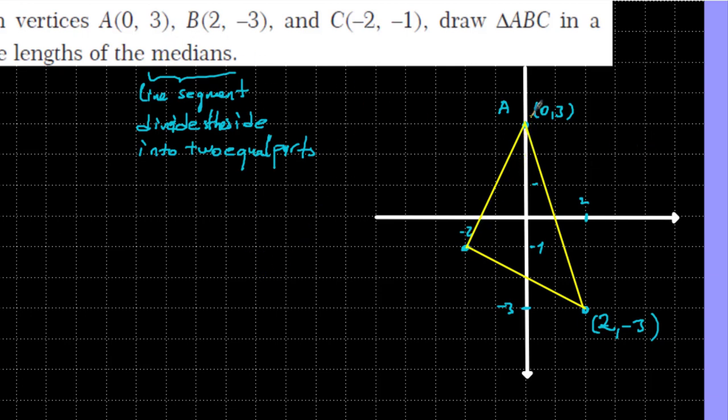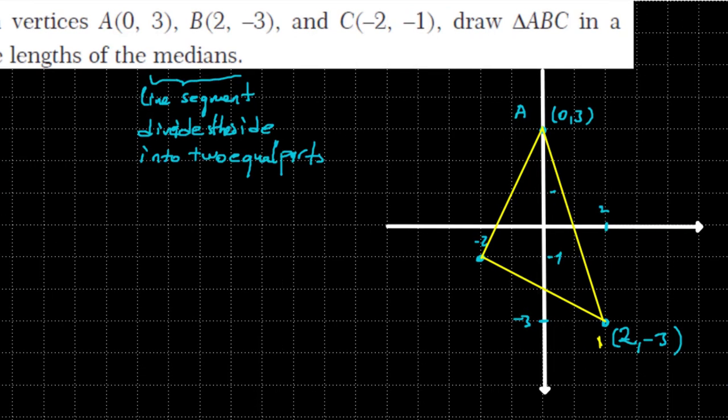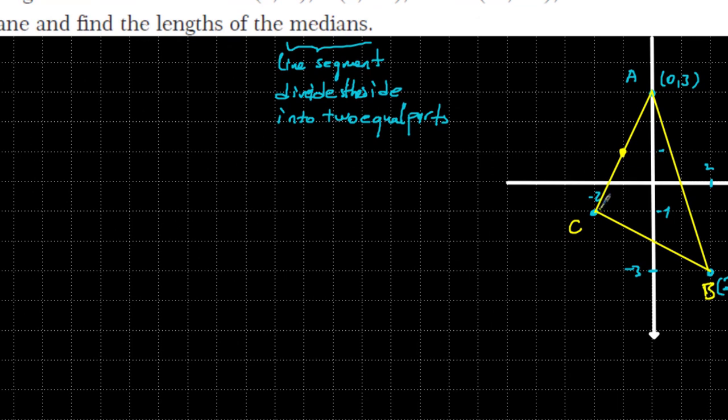Actually, this is B, and this is C. I'm talking about the midpoint of AC. I think it should be this point, because you see the distance: one right, two up, one right, two up. So it seems to be the midpoint. Let's check whether it is correct or not. Now I'm going to find the midpoint of AC.